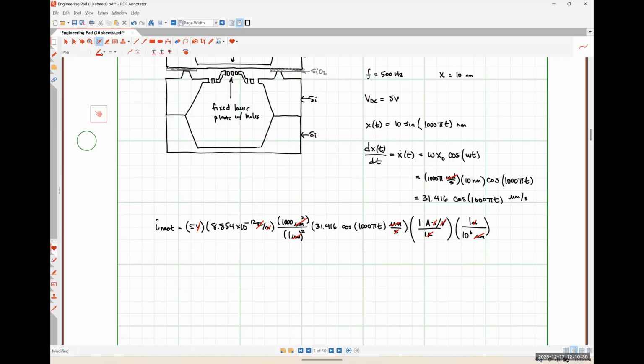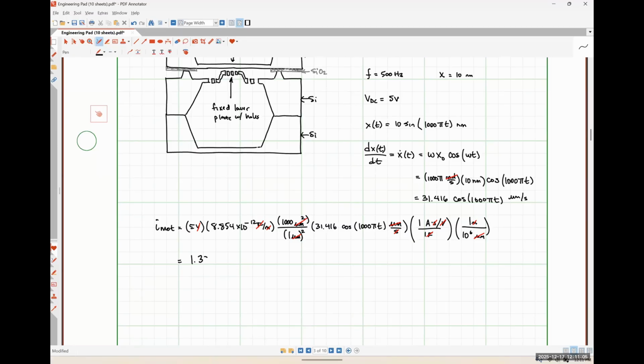Okay. So if I put this big ugly thing into my calculator really quickly. So let's do that. 5 times 8.854 times 10 to the minus 12 times 1,000 times 31.416 divided by 10 to the 6th, I wind up getting 1.3907.